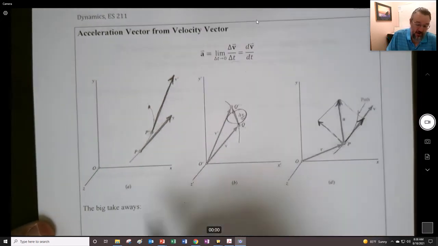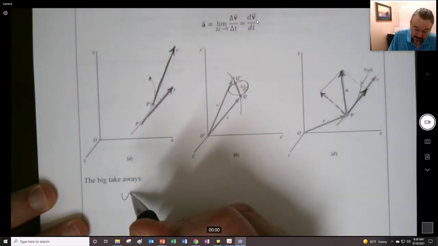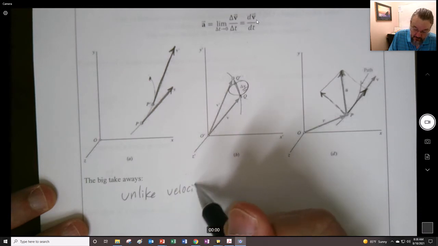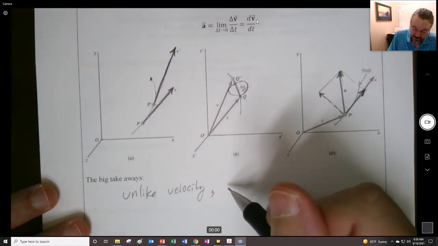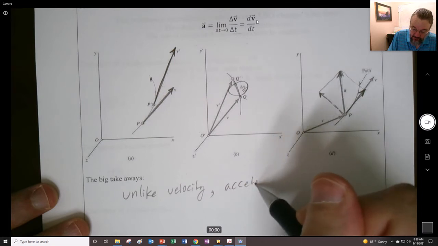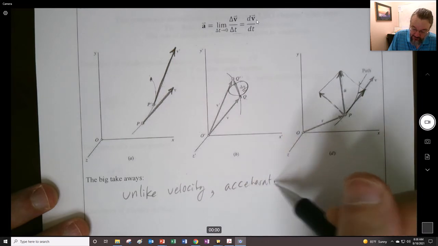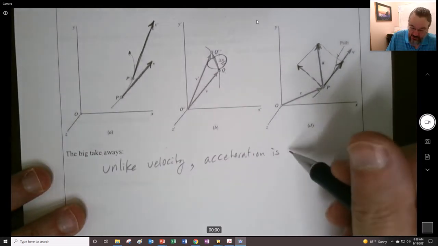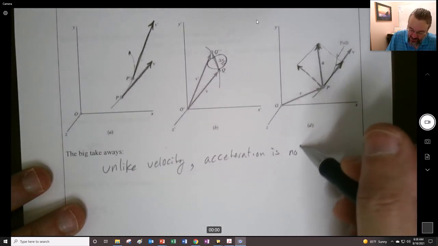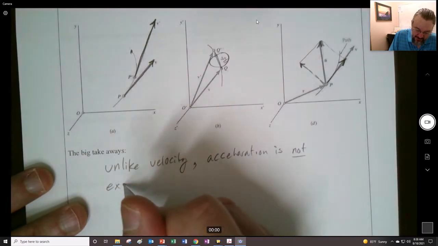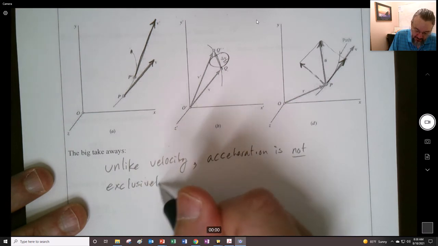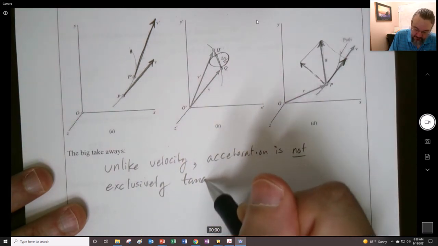So the big takeaways here, unlike velocity: acceleration is not tangent to the path. Acceleration is not exclusively tangent to the path.